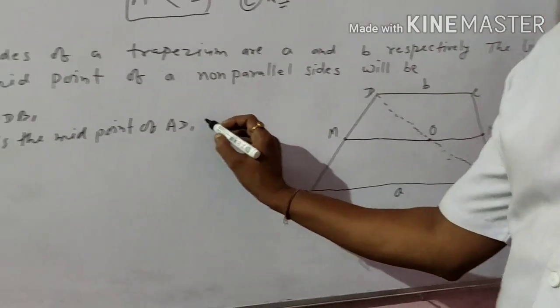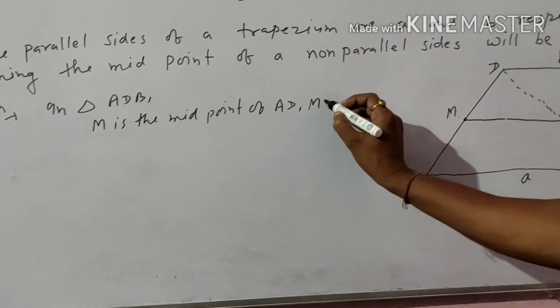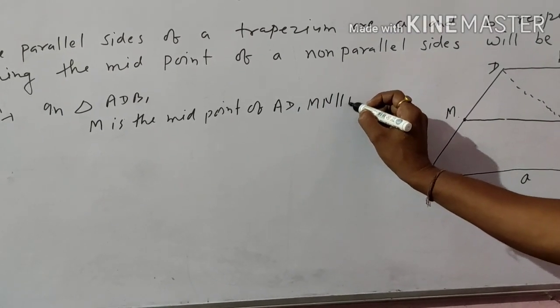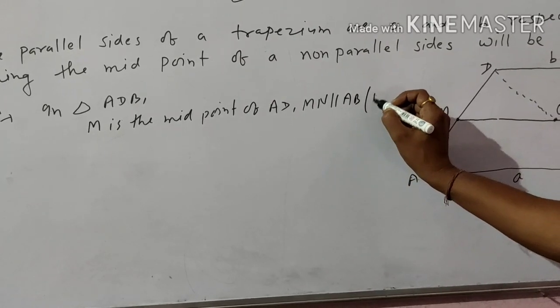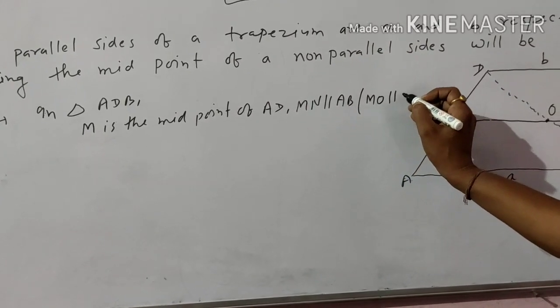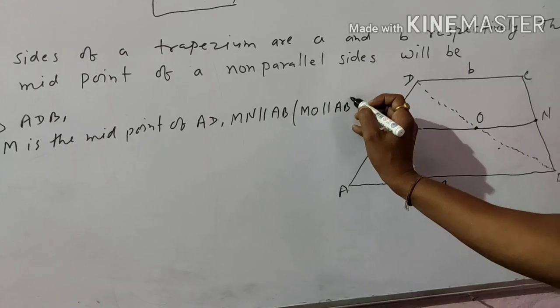Yeah, MO is parallel to AB. Write down here: MN is parallel to AB, in bracket, MO is parallel to AB.